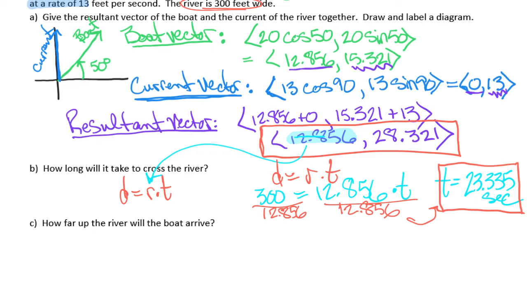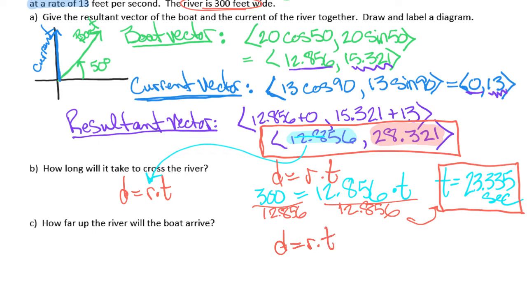Okay. Part C asks, how far up the river will the boat arrive? Okay, and so now what we're working with is our vertical component. So 28.321 is our vertical component. We are still working with the same distance equals rate times time equation. So let's start with that. Distance equals rate times time.